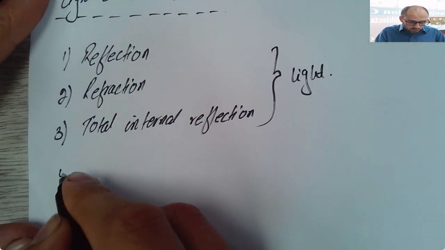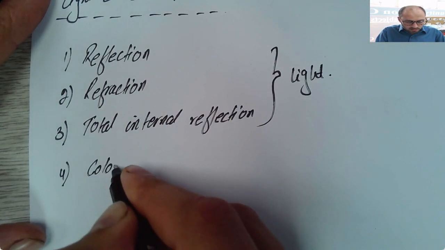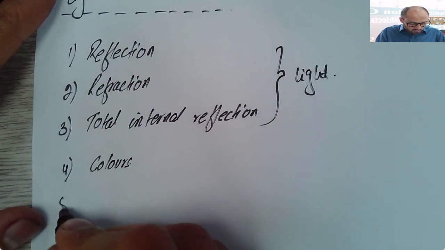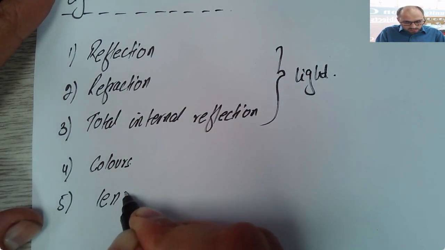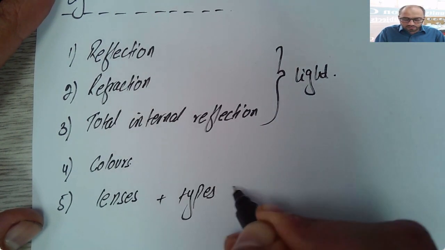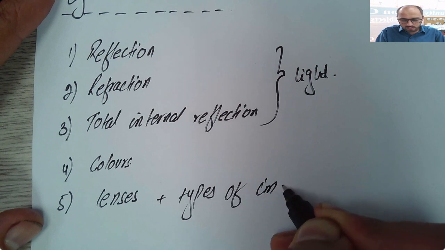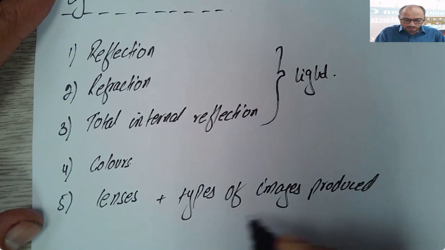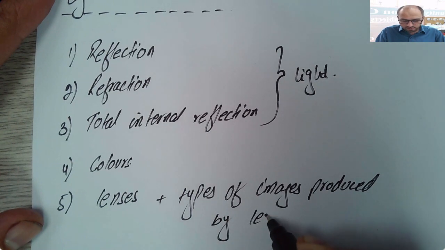Then you will also need to know about colors. How do we see colors? Number 5, you will need to know about lenses plus types of images produced by lenses.